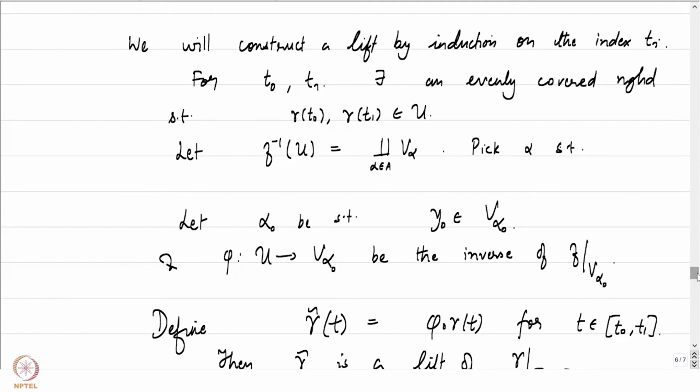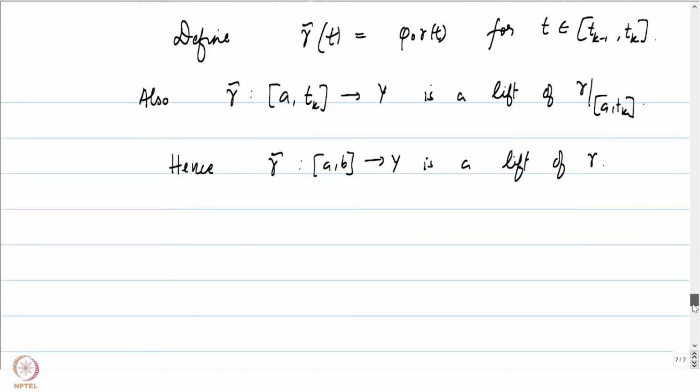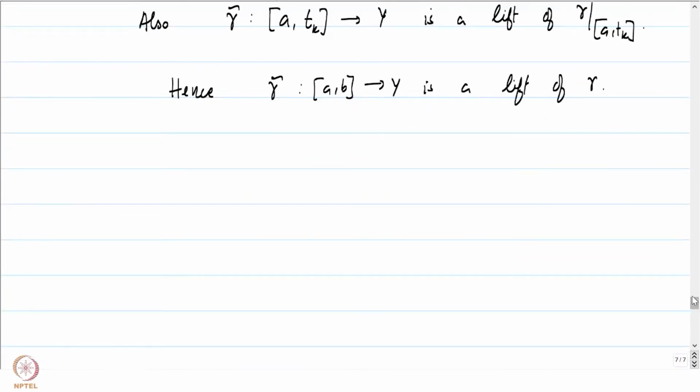The uniqueness follows directly from the fact that at the point a, we are prescribing gamma tilde of a to take the value y0 tilde, and the moment we know one value, it's going to be unique by the uniqueness of the lift. And therefore, we do have a lift of a curve gamma onto the cover.